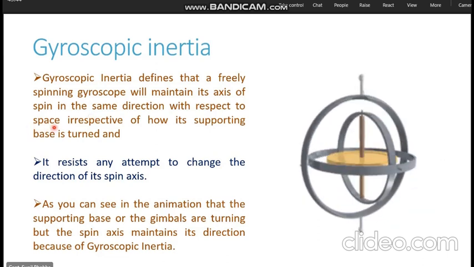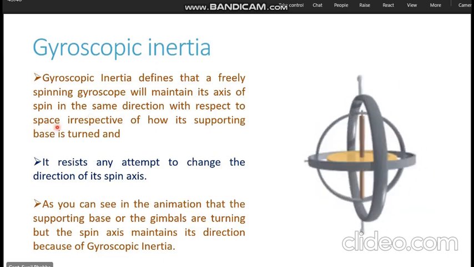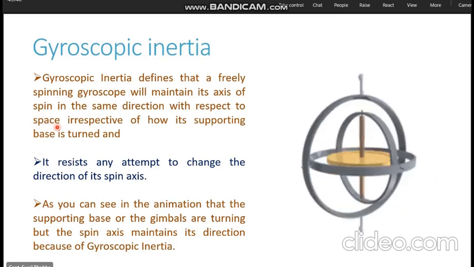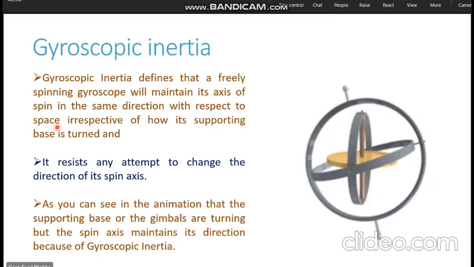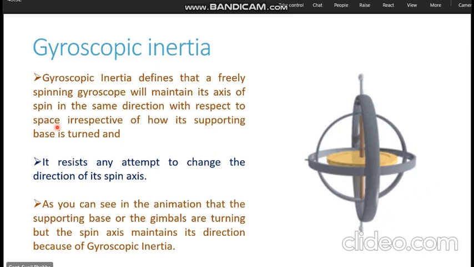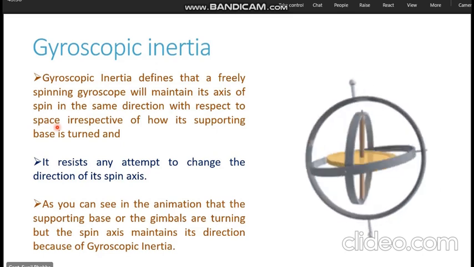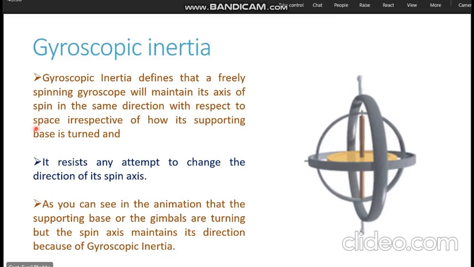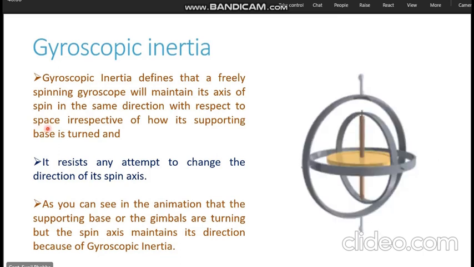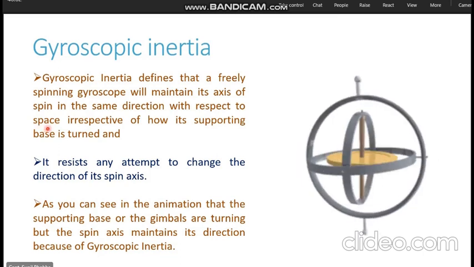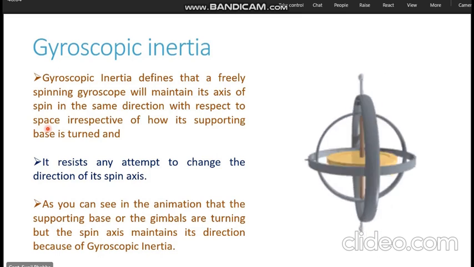It is not with respect to the earth, it is with respect to space. It may not make much sense at the moment, but later when we go into understanding the gyro compass, it will become very clear what the significance of this term is, that the spin axis maintains the same direction with respect to space.